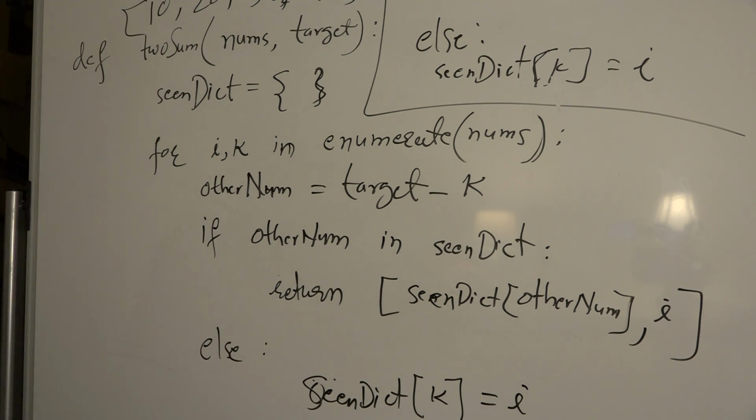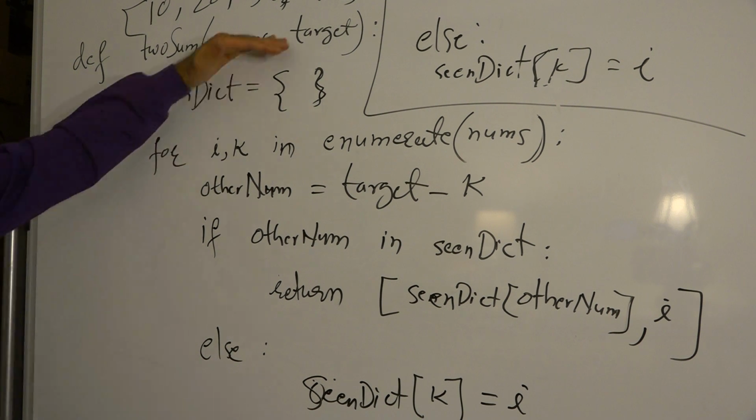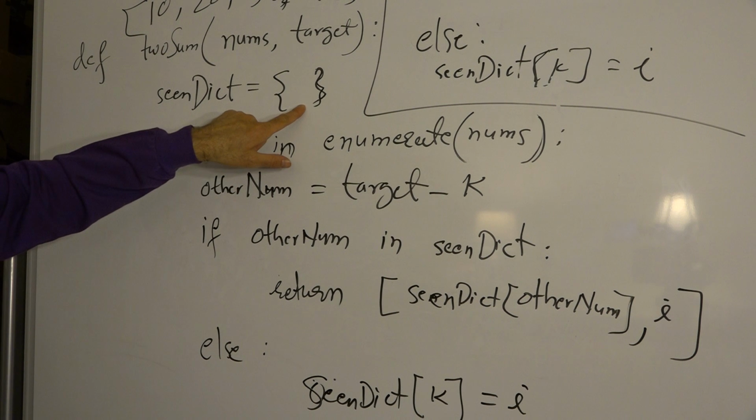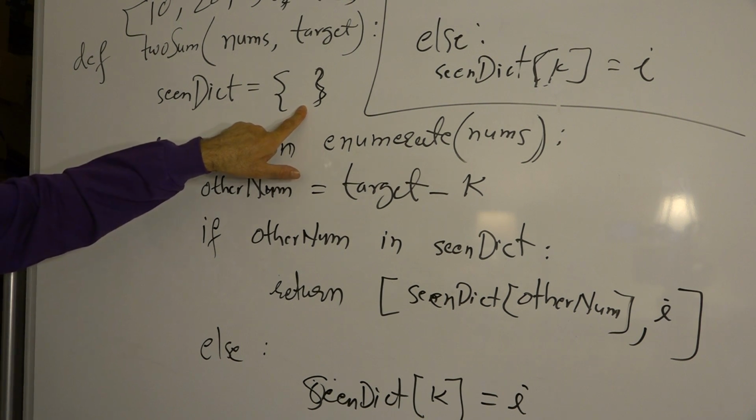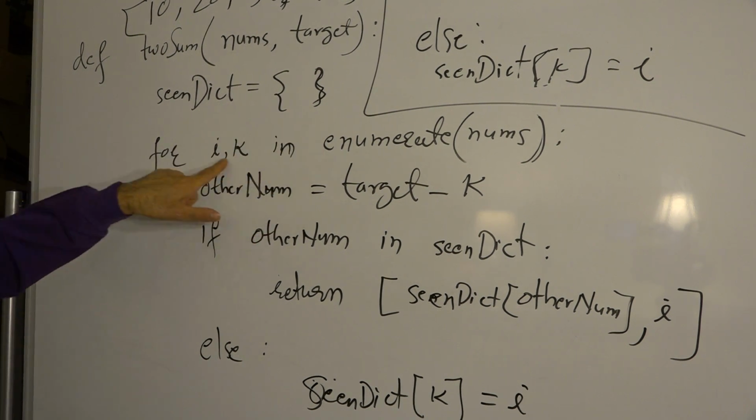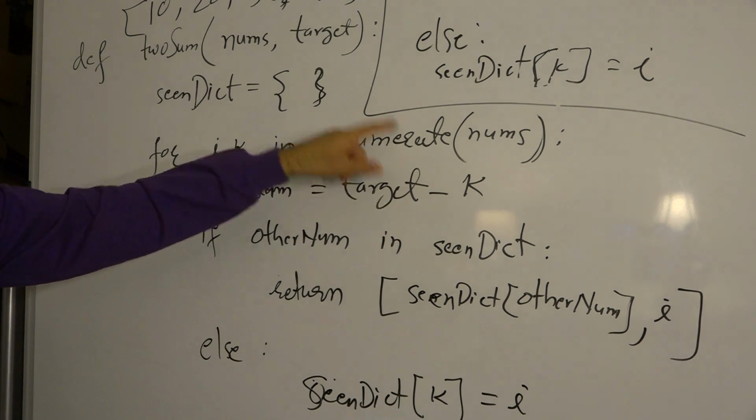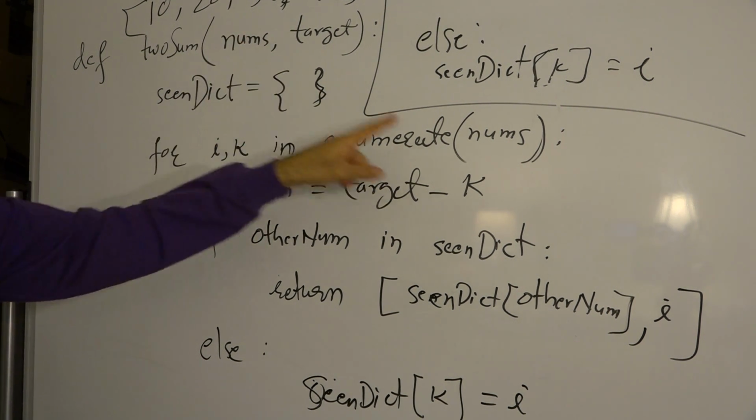Now let's quickly go through the entire structure. So this is basically the function definition. We create an empty structure, the map, and then we iterate through the numbers passed. That's the array.